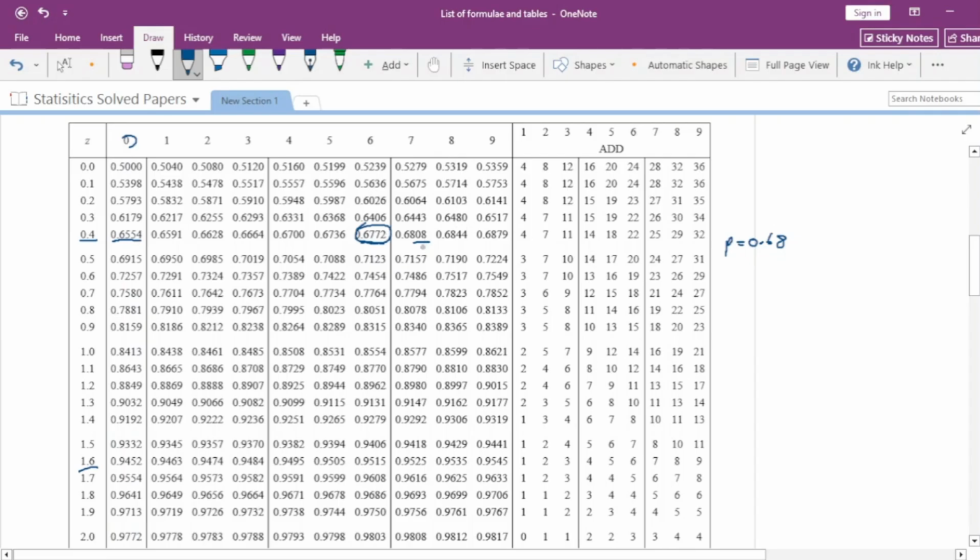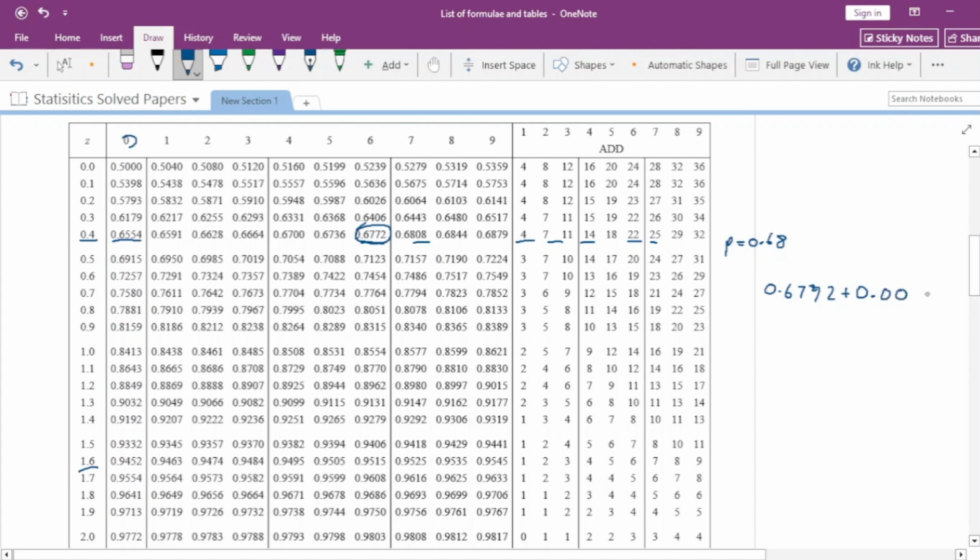Now we need to add some extra digits so that we can get as close as possible to 0.68. Our base value over here is 0.6772. Now let's see what we can add to it. Let us start with maybe 25, that would be plus 0.0025.